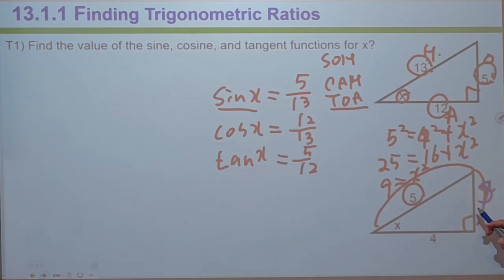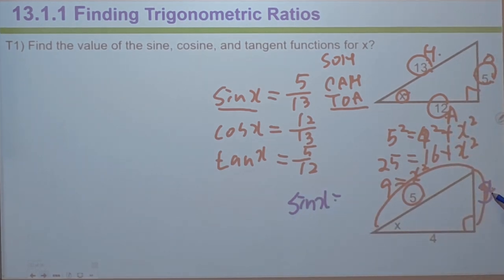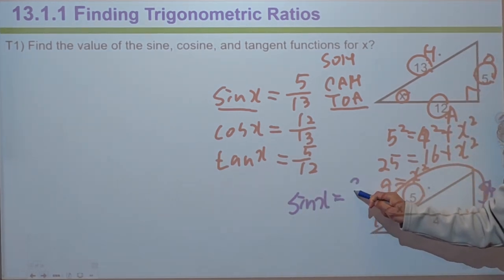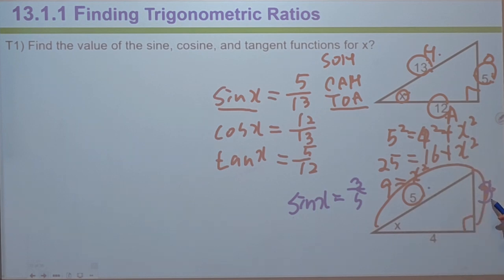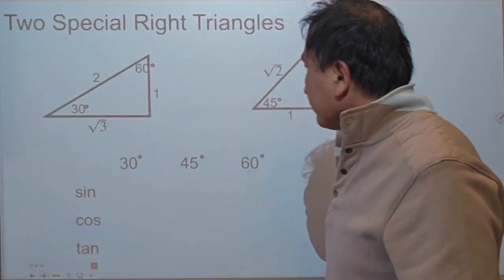Because it's a right triangle, you need to think of the Pythagorean theorem. If one side is not given, you can find it using the Pythagorean theorem. Now sine x, in this case, is easy: opposite over hypotenuse, 3 over 5. Cosine x equals 4 over 5, adjacent over hypotenuse. Tangent x is 3 over 4, opposite over adjacent. You can do it that way, easy.